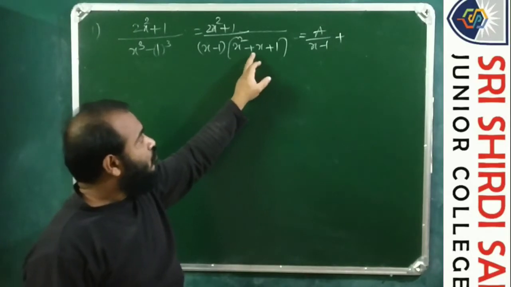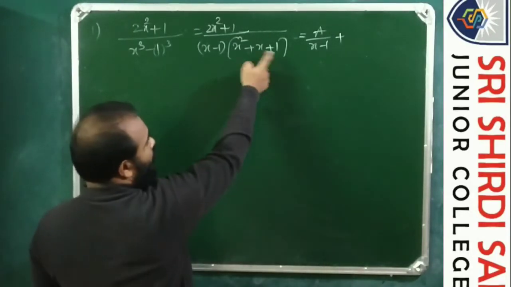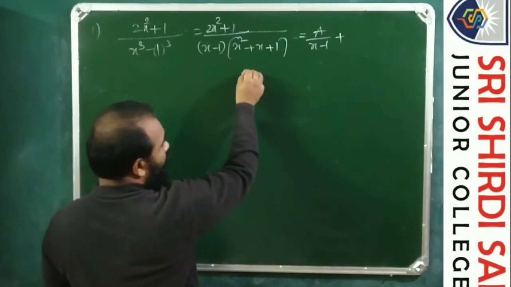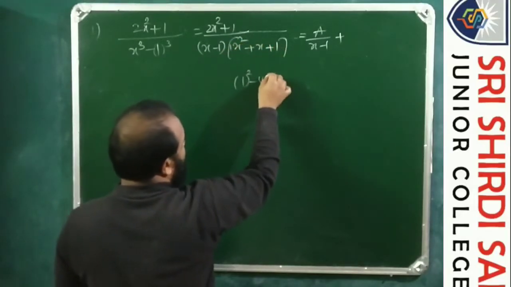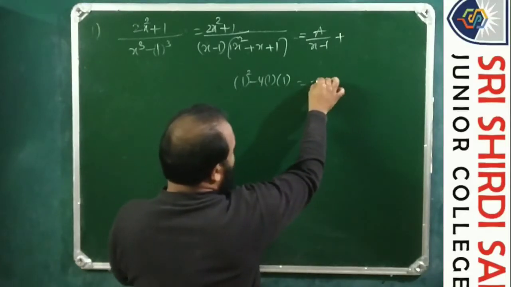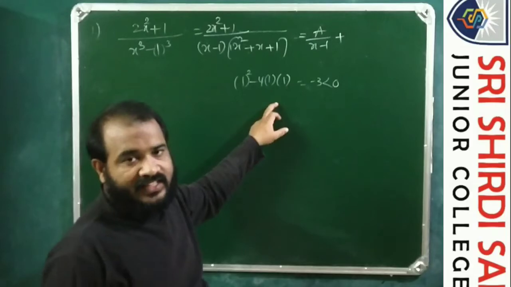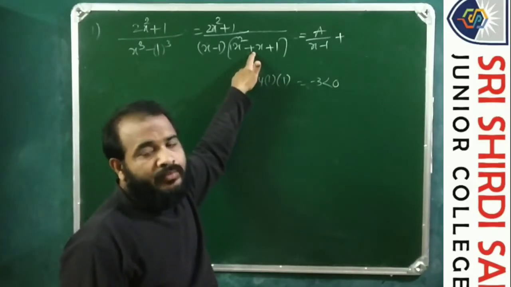So for x square plus x plus 1, its discriminant is b square minus 4ac. So b square, 1 square, minus 4ac, so 4 into 1 into 1. So 1 minus 4 is minus 3, which is less than 0.